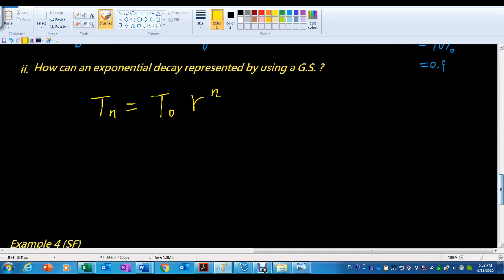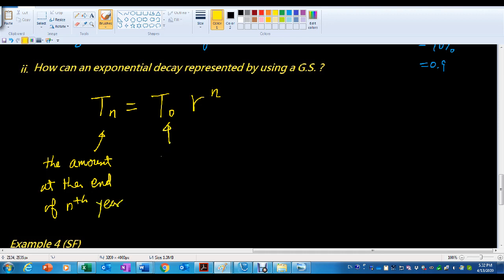Tn just means the amount at the end of nth year, T0 is just the initial amount, and R will be the decay factor.